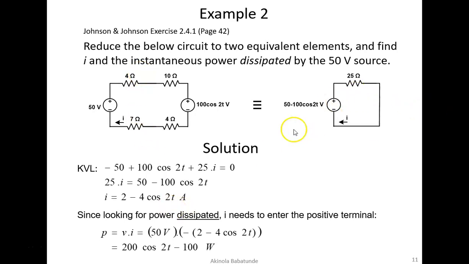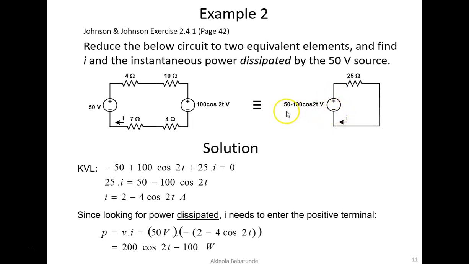If we apply KVL to this particular circuit, we draw our closed path, and the current will flow in this closed path in a clockwise direction. That would mean that we'll be traversing the closed path from negative to positive on this voltage source.